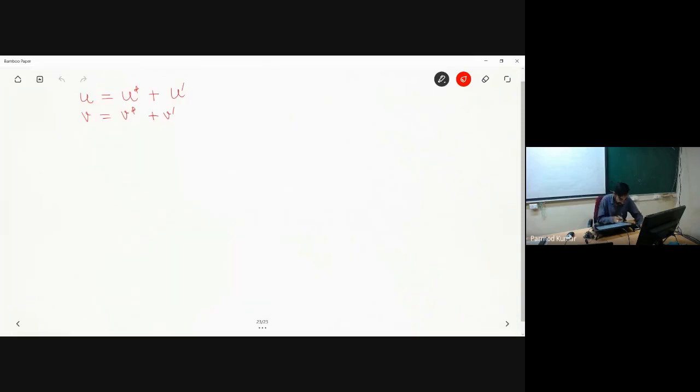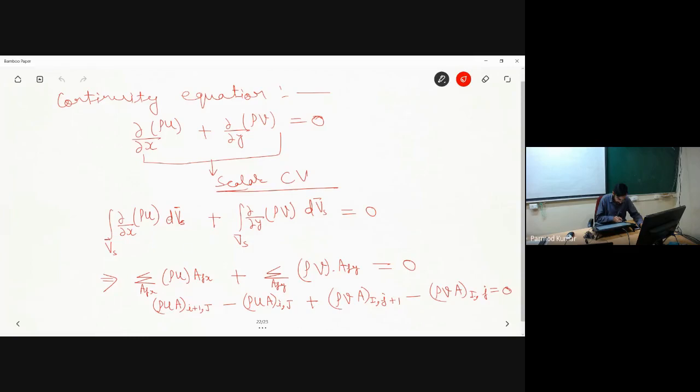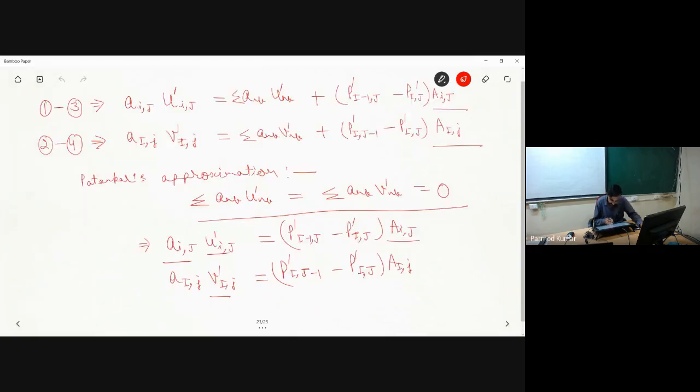If I estimate u, let us first consider the point small i comma j. That will be equal to u star at point small i comma capital J plus u dash at point small i comma capital J. Now, as I showed you in the previous slides, u dash is equal to, what is the value for u dash at point i comma j? p dash at capital I minus 1 comma j minus p dash at I comma j, into a ij.